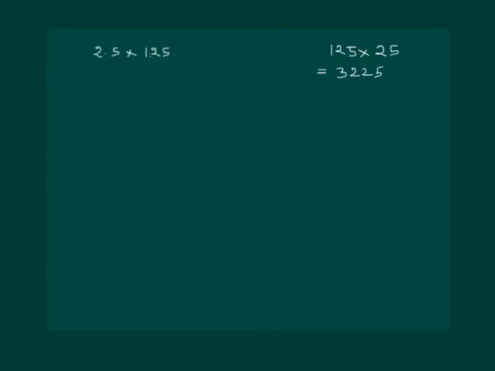Now let us count the number of digits after the decimal. 1 plus 2 digits, so total number of digits after the decimal are 3, and hence we will move our decimal 3 places, 1, 2, 3, and get the answer as 2.5 into 1.25 is equal to 3.125.